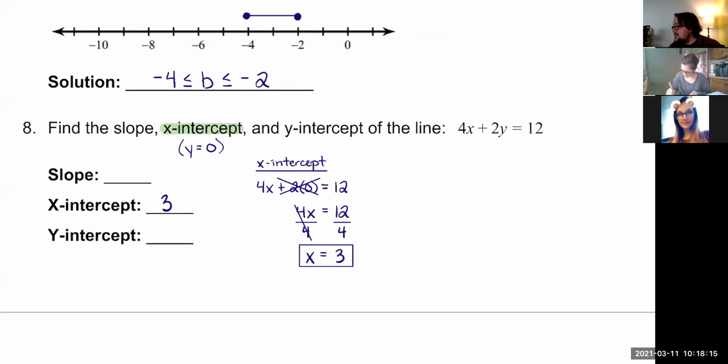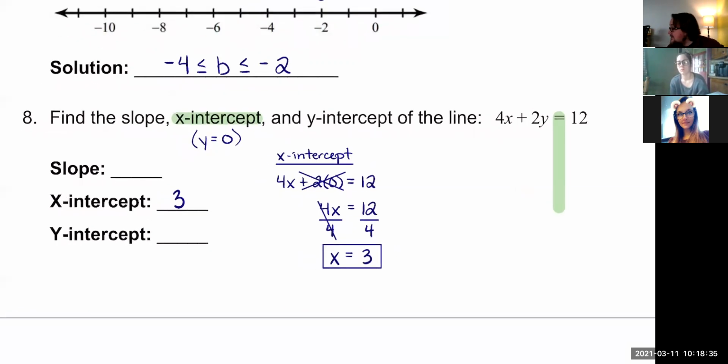How do we know something's in slope-intercept form? Y. What about the y? Y equals, or in other words, the y is alone by itself. So I'm going to come over here to this equation. And I want to get the y by itself.